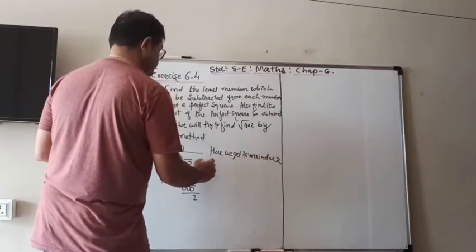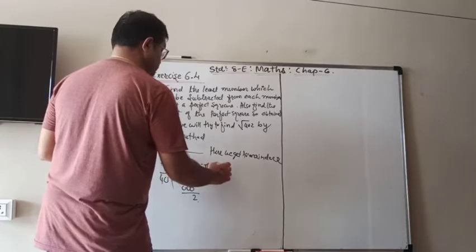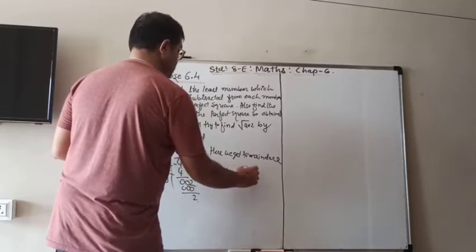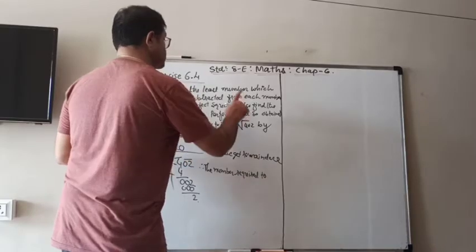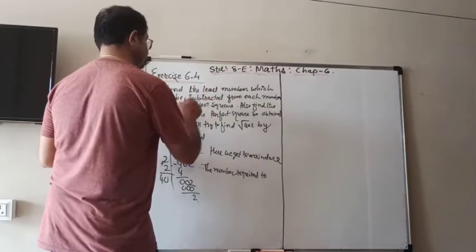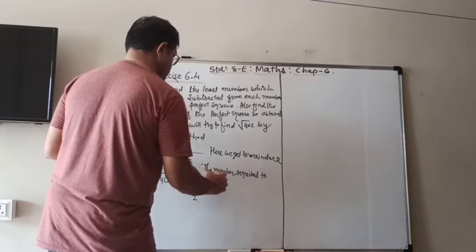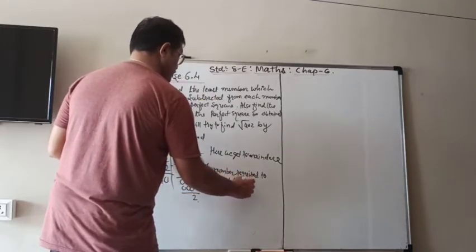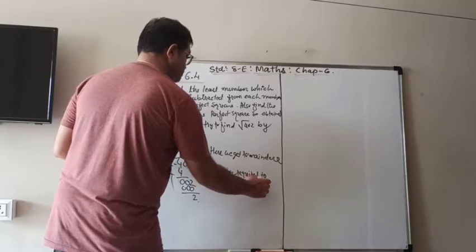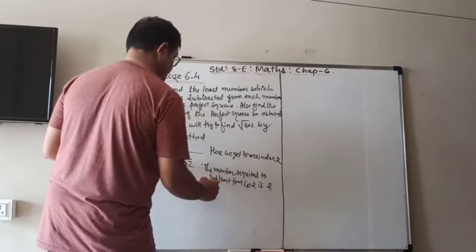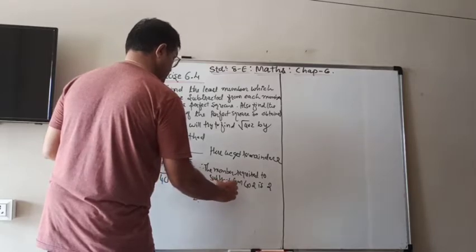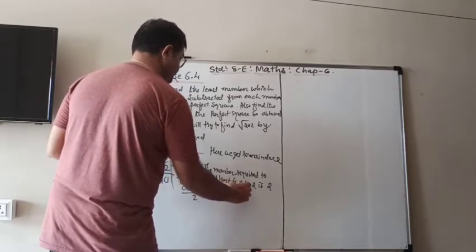Therefore, the number required to subtract from 402 is 2 to get a perfect square.